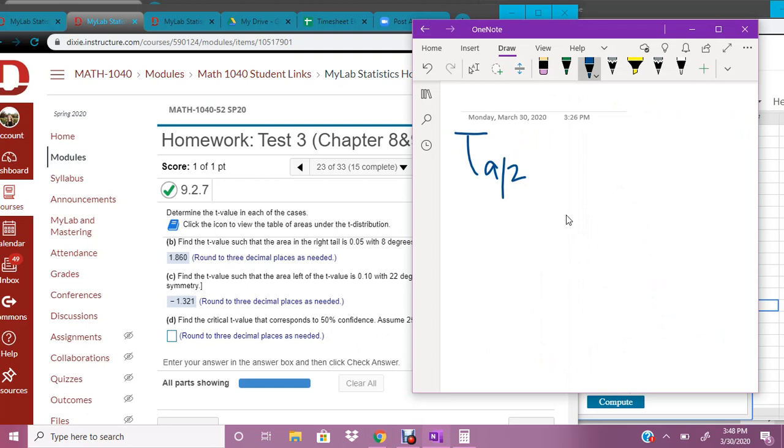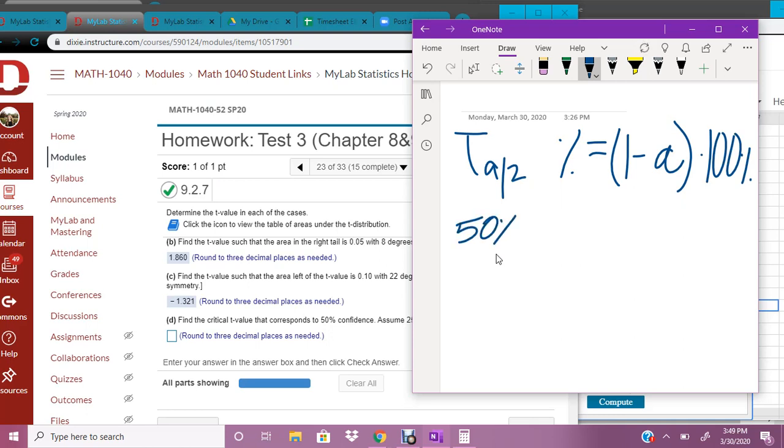So this is what we're finding right here, basically. It's asking us to find the critical value of t alpha divided by 2. And our equation, first we got to find alpha. And so that equation is going to be our percentage equals 1 minus alpha times 100%. And so we're going to start out with that 50% that it gives us.